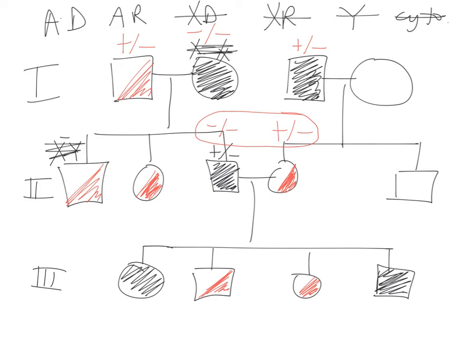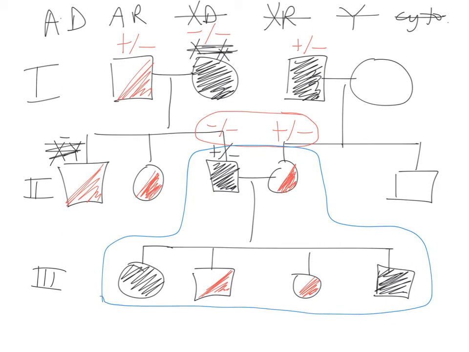Let's say you're going to argue this is dominant, and you want to know just this part of the pedigree. Now, this is a bad pedigree for doing a chi-square practice, but we'll do it anyway for practice. Say you've concluded this is dominant.